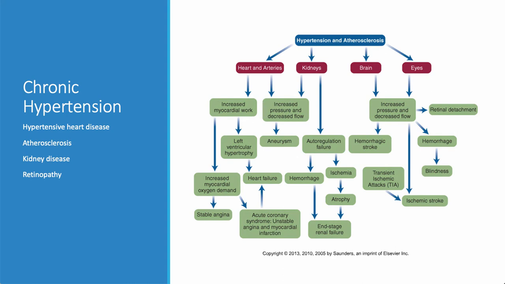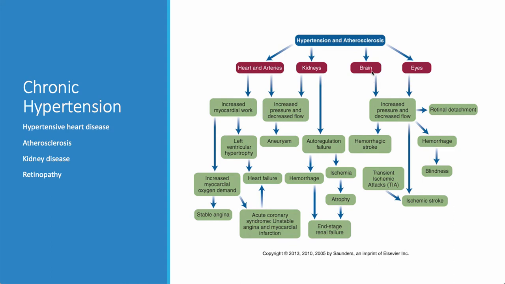Blood pressure of less than 120 over less than 80 in patients who are under the age of 60, 70, pick a number. All right, but we want to address the blood pressure because we don't want the kidneys to get ischemia and then atrophy and cause end-stage renal failure.